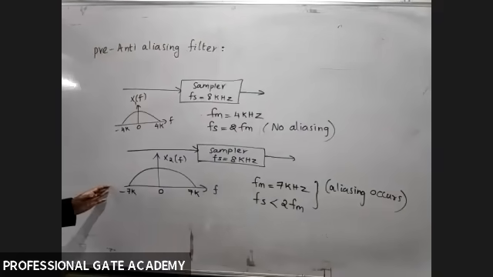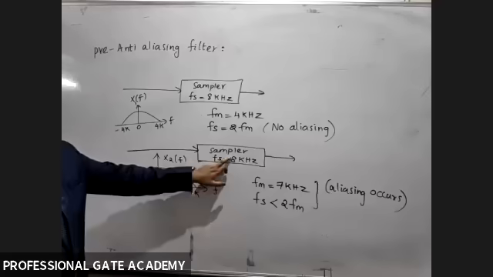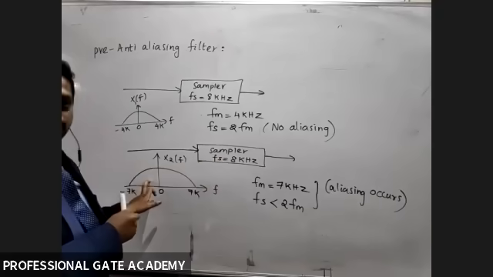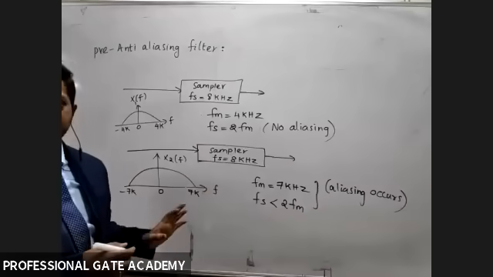In the second case, Fs is fixed at 8 kilohertz, but here we are applying an input signal whose frequency is 7 kilohertz. That's why aliasing occurs.